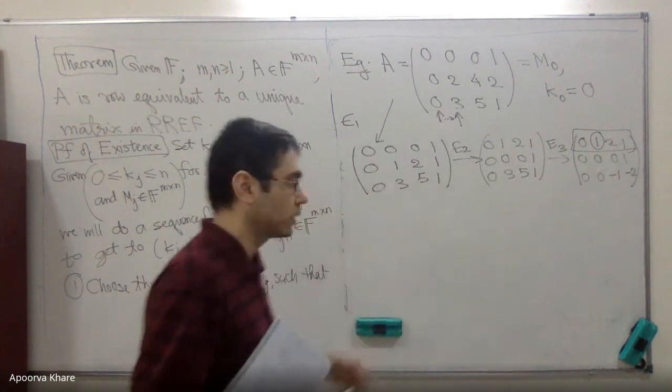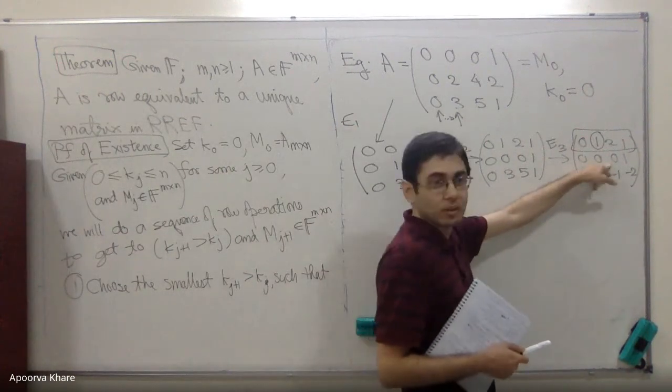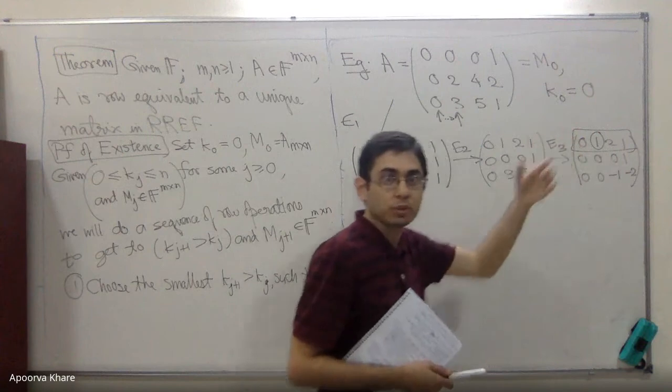Okay, so we will keep doing that. But then we will never push it up to the first row, we will push this up to the second row. That's the point. We will not push it up to the first row.